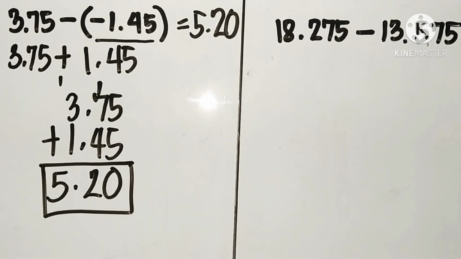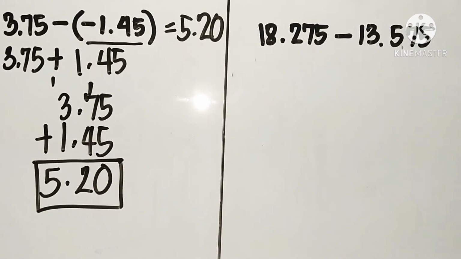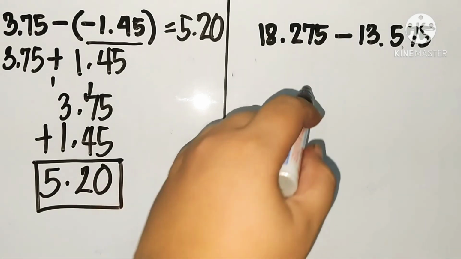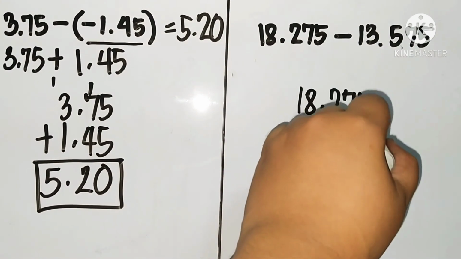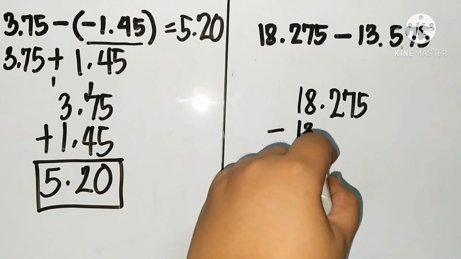Next example, we have 18 and 275 thousandths minus 13 and 575 thousandths. Sa case na to, pwede nyo i-apply ito, pwede namang hindi na, since naman, mas maliit naman yung subtrahend. So, pwede ko siyang idiretso kagad na subtraction. Ang 18 and 275 minus 13 and 575.